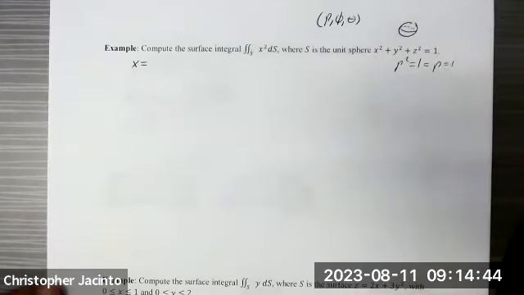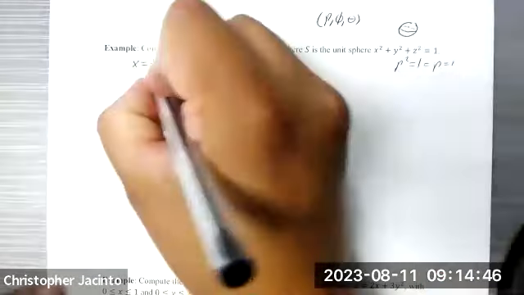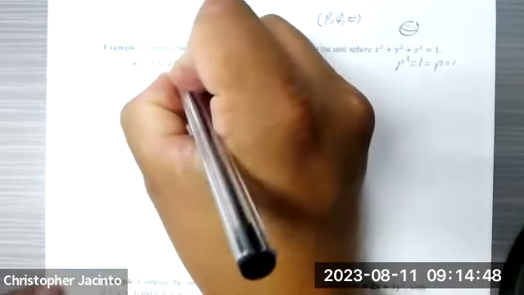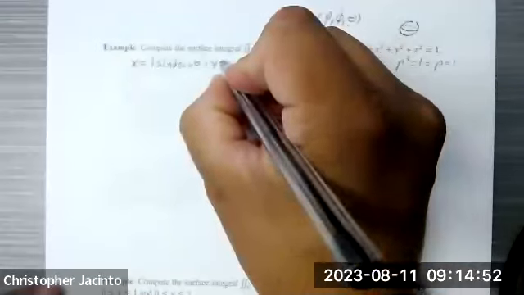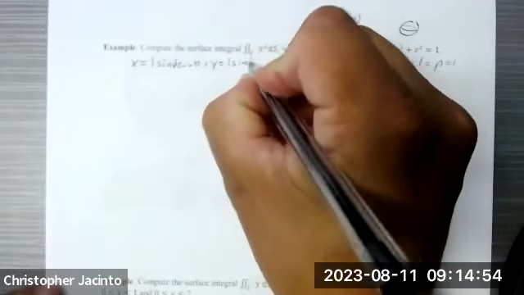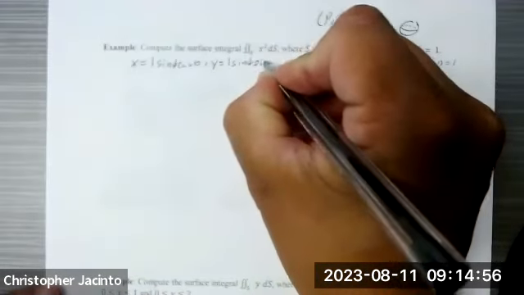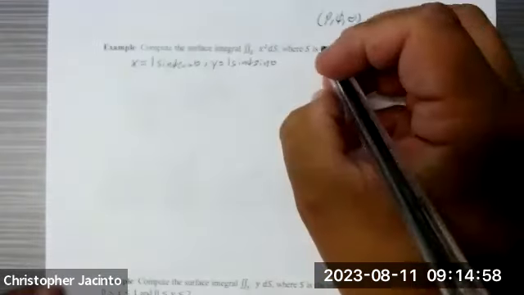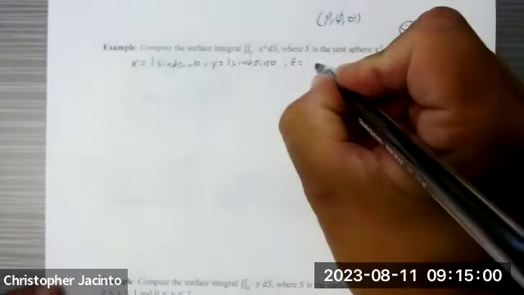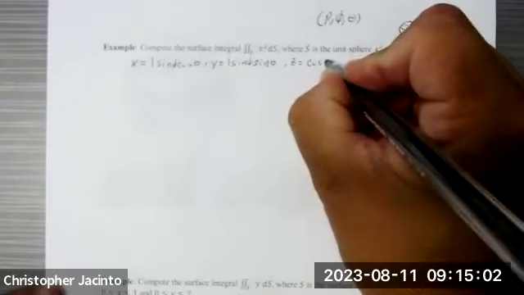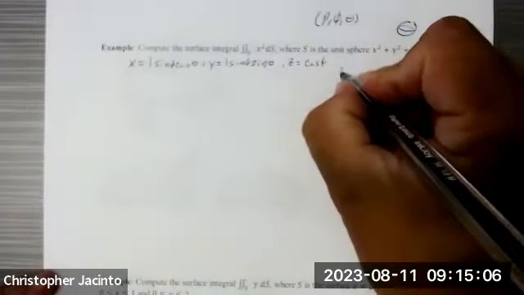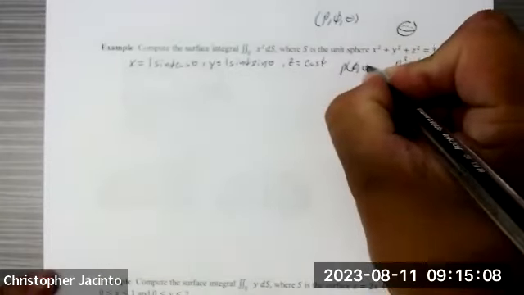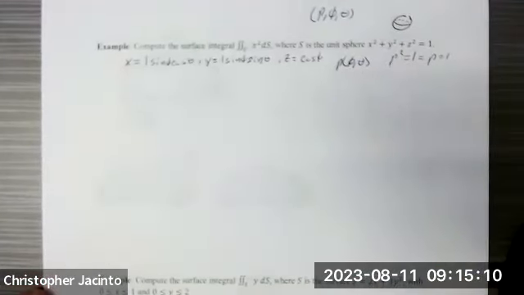So when we do our conversion, x is 1 times sine phi cosine theta, y is 1 times sine phi sine theta, and z is equal to 1 times cosine phi. Notice this is now just in terms of two variables, which is what we want.